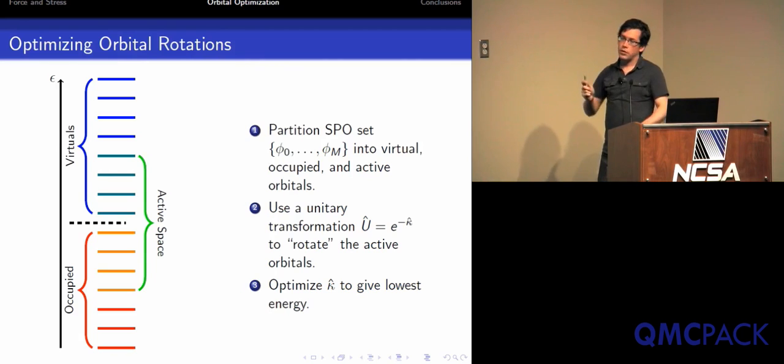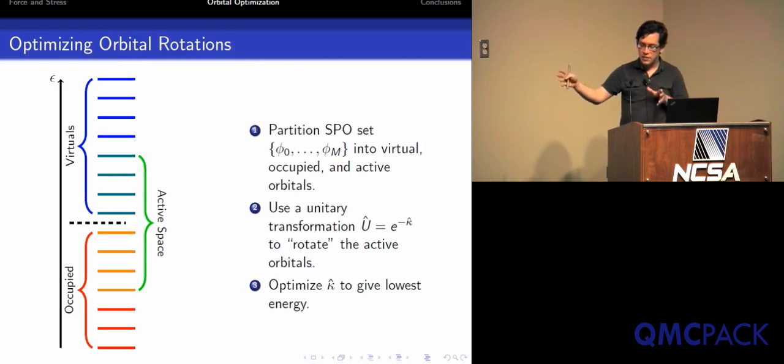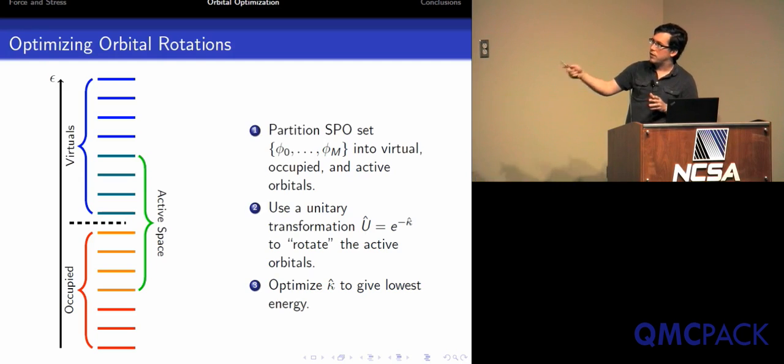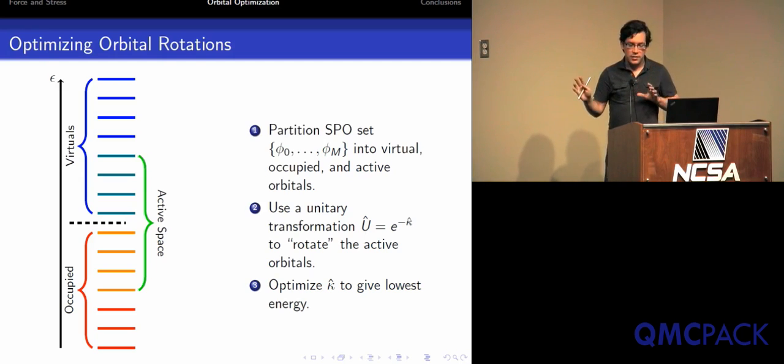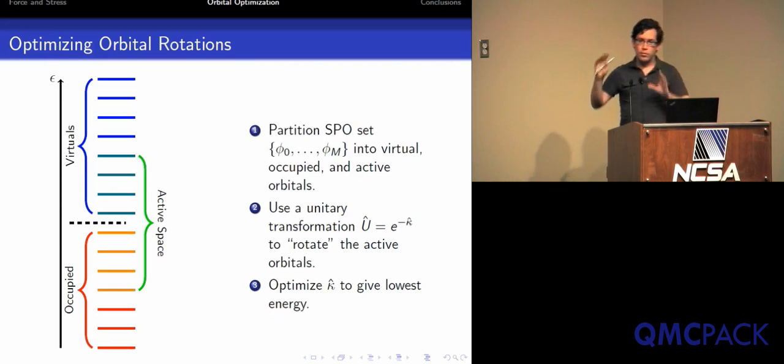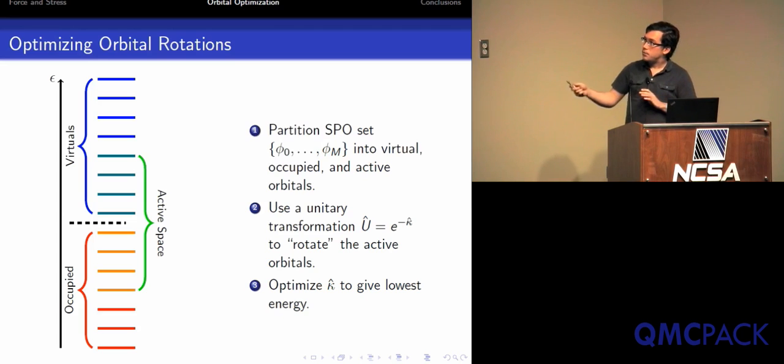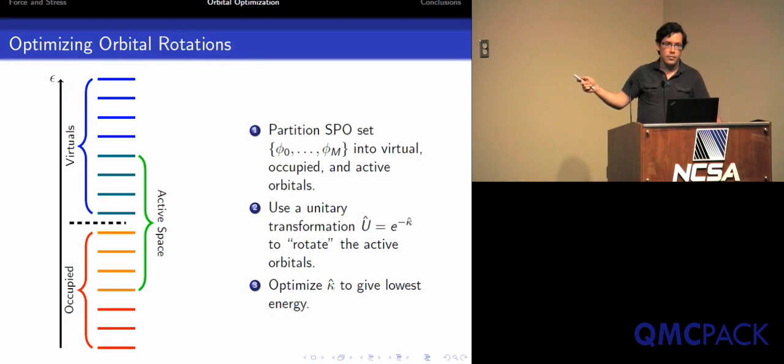We declare a certain piece of this orbital space as our active space, and then we construct a unitary transformation to perform orbital rotations, basically mixing these orbitals in with these and vice versa. So instead of optimizing the orbitals themselves, we're optimizing the components of this rotation matrix.